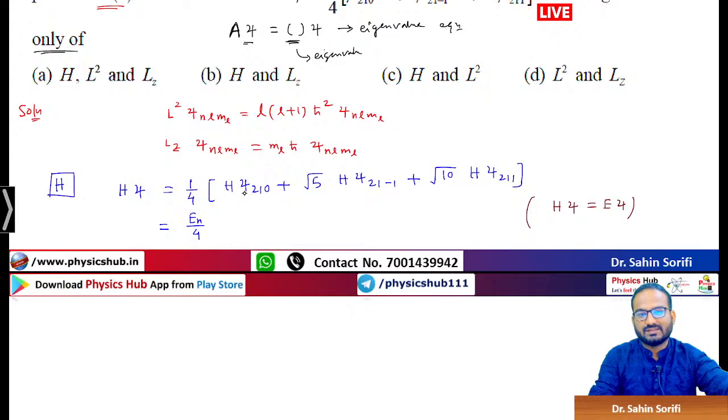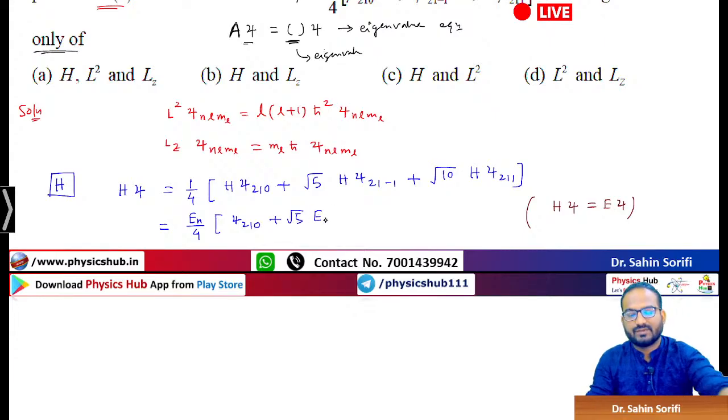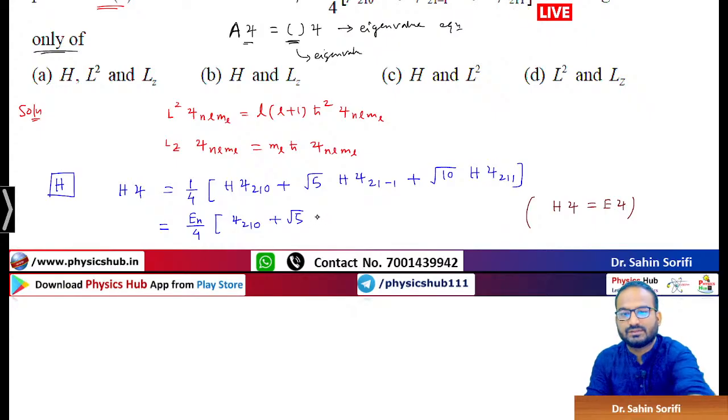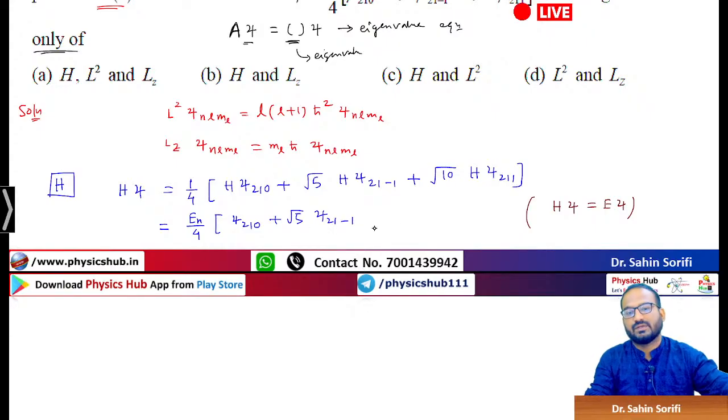En by 4, H psi equals E psi, so E equals En, n equals 2. So just psi 2 1 minus 1 plus root over 10 psi 2 1 1.